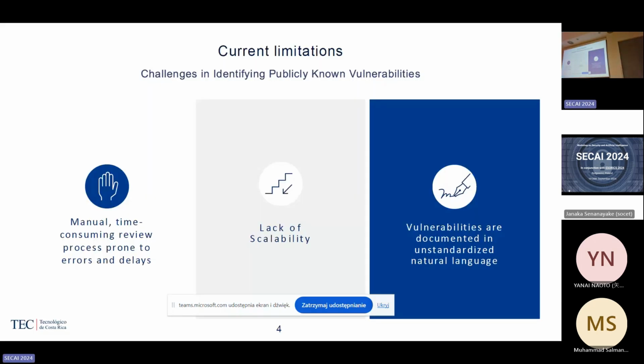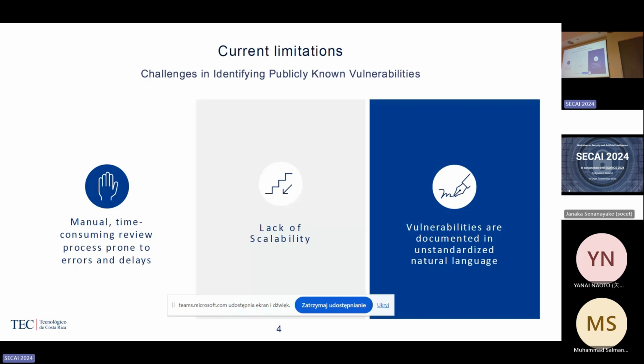But what are the limitations and challenges we have identifying those vulnerabilities? Well, the first one is manual techniques of review. This means that the common tools we use for this, like vulnerability scanners, need patches, right? Updates that are generated by programmers or engineers who update these tools.